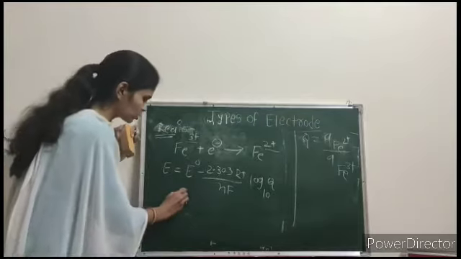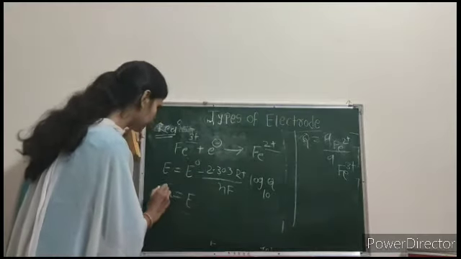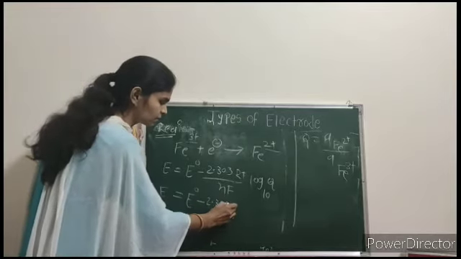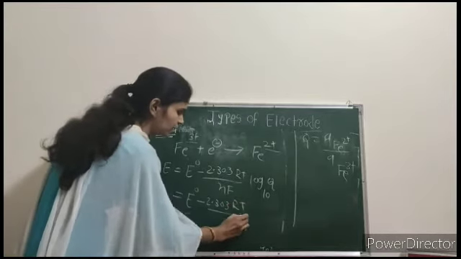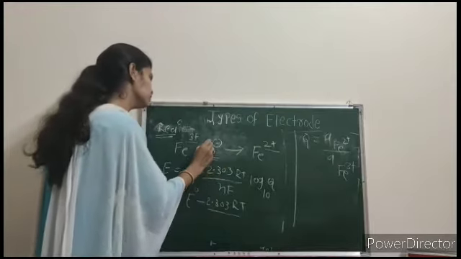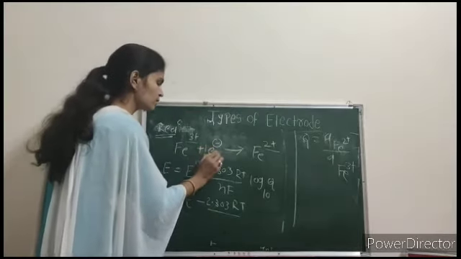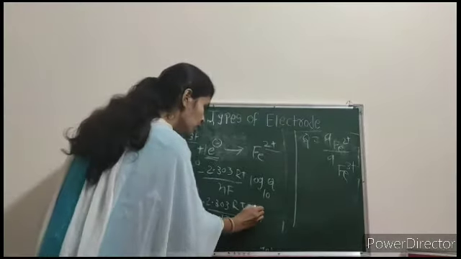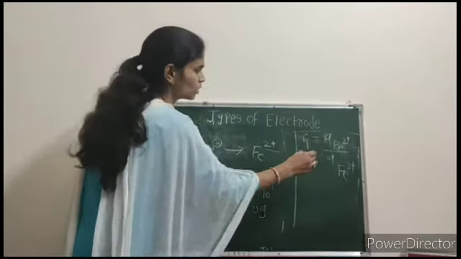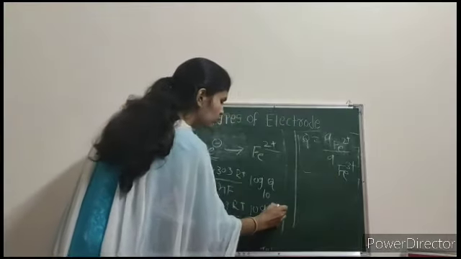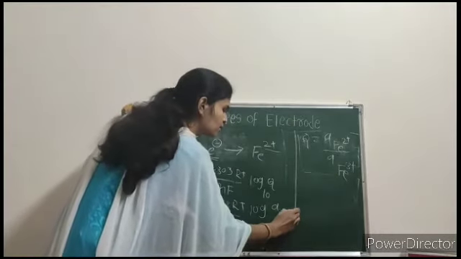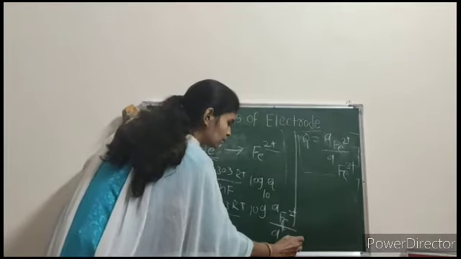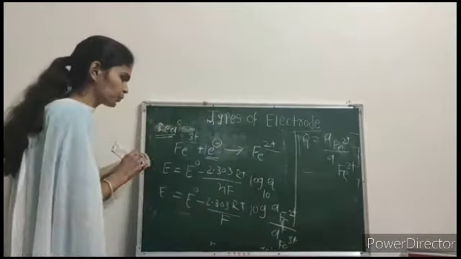Put in the value of Q. E is equal to E naught minus 2.303 RT, with n equal to 1 because the number of electrons is 1, divided by F, into log of the activity of Fe2 plus upon the activity of Fe3 plus.